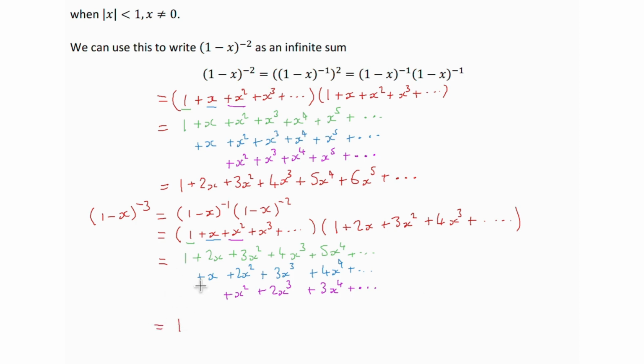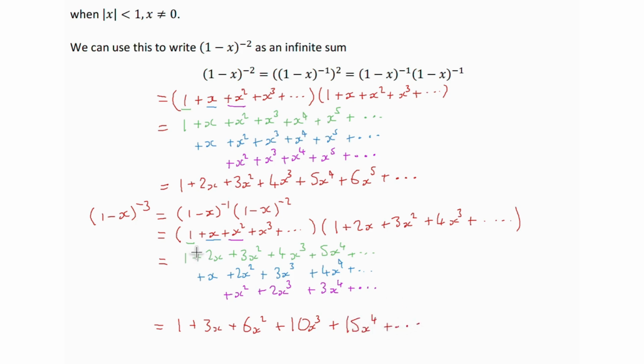And this time we're going to get 1 plus 3x plus 6x squared plus, then it's going to be 4 plus 3 plus 2 plus 1 x cubed, so that's 10x cubed. It's 5 plus 4 plus 3 plus 2 plus 1, which is going to be 15x to the 4.